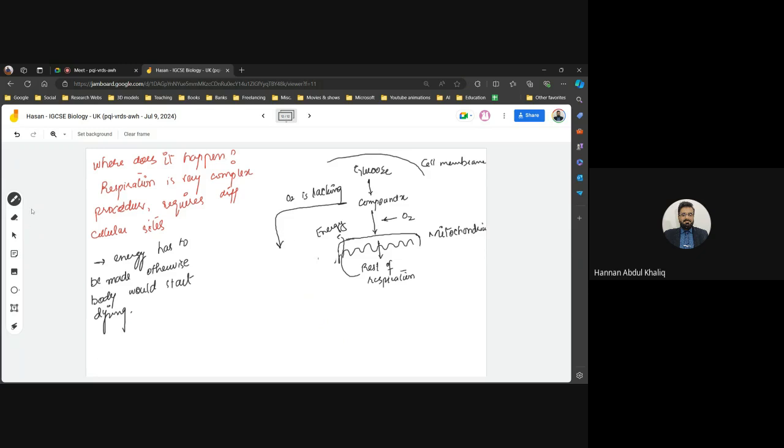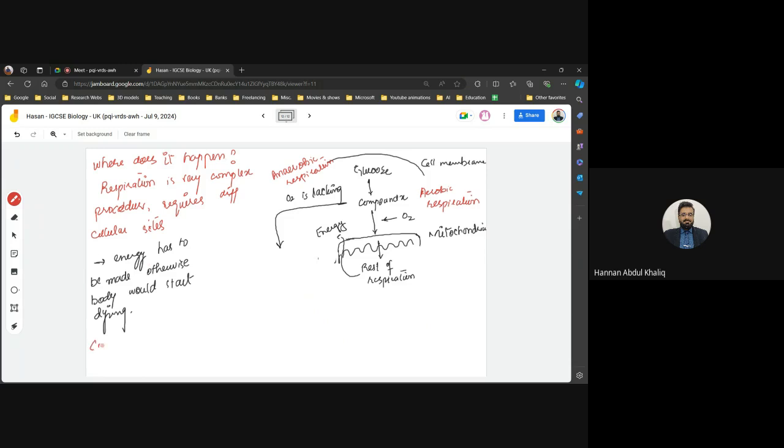We basically divide respiration into two categories: aerobic respiration, in which the oxygen is available, and anaerobic respiration, when the oxygen is not available. We cannot shut down the procedure, remember.